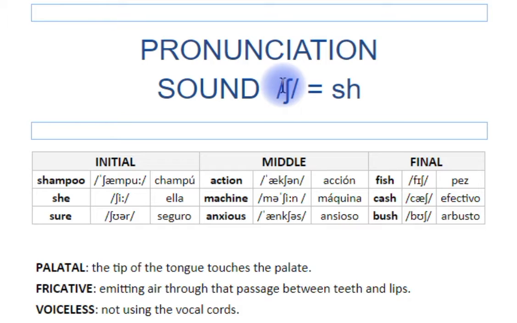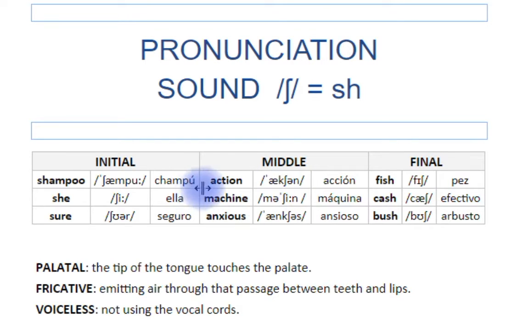If you don't have it in your own language, then you have to work a little bit more than with other sounds. First of all, we can find the sound in initial position, like shampoo, she, sure, or in the middle position: action, machine.